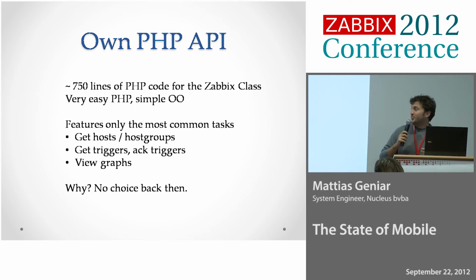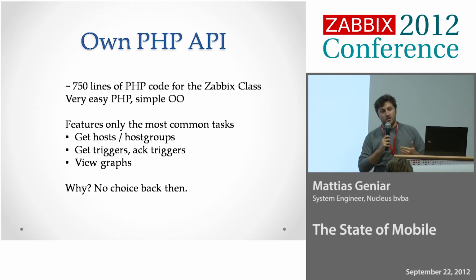There is a lot of room for improvement, obviously. And it only features some of the most common things, like retrieving items, hosts, host groups, and graphs with a few hacks. The reason why, because I didn't have a choice then. If I were to make it again today, I think there are better alternatives than using your own classes. Obviously less time consuming.